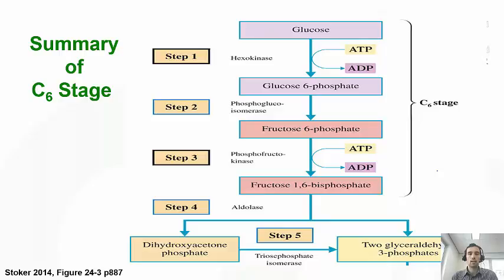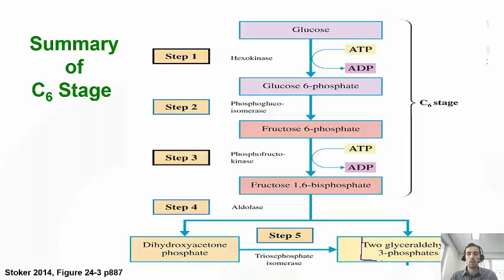So let's have a look now at the next part of our glycolysis reaction. This is step 4, where we're now breaking down the 6-carbon compound, fructose 1,6-bisphosphate, and separating it into the two other parts, which are the dihydroxyacetone phosphate and the glyceraldehyde 3-phosphate. In step 5, we convert the dihydroxyacetone phosphate into a glyceraldehyde 3-phosphate.